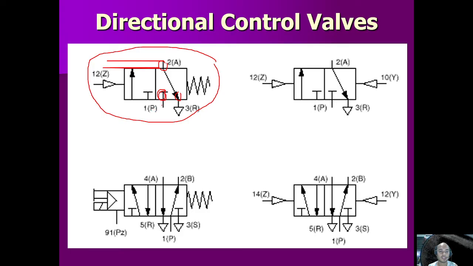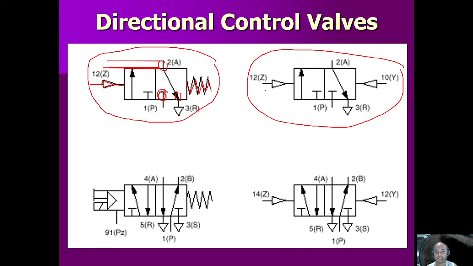So this is a normally closed position 3-way valve, and it has a pneumatic actuation with a spring return. Okay, next here we have a 3-way valve, normally closed still, but it is actuated from the left, so we can actuate it using pneumatic, and on the right side we can also use pneumatic if you want to move it back to its original position.